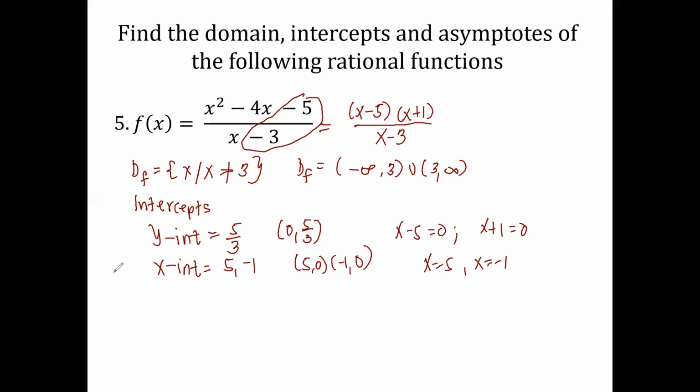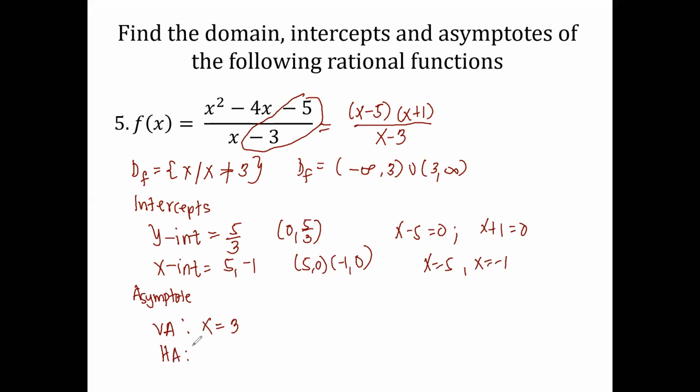Next, asymptotes. Let's have the vertical asymptote. For the vertical asymptote, equate the denominator to 0. There are no common factors, so equate the denominator. So you have x equals 3.